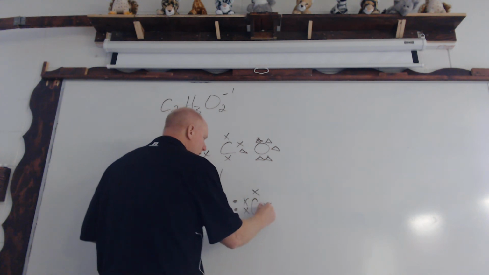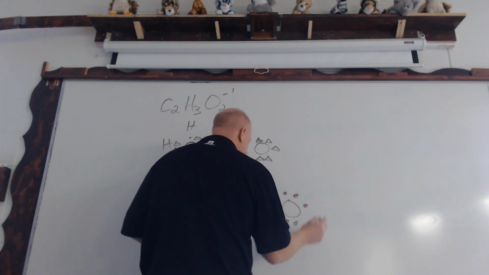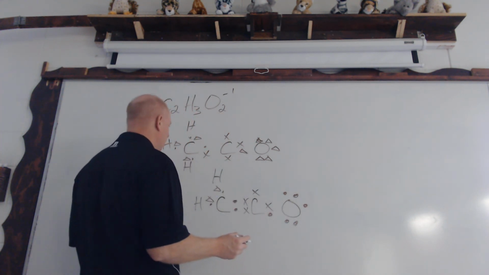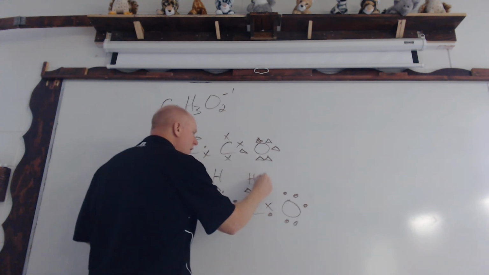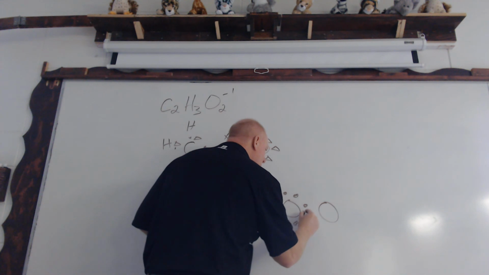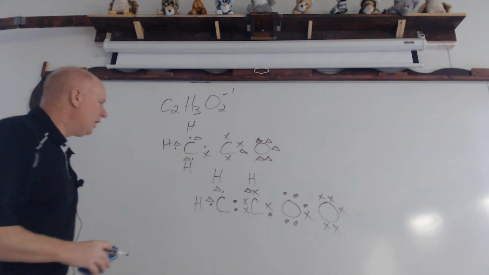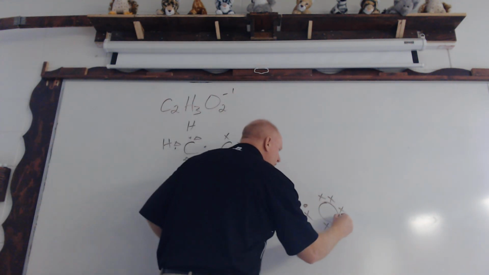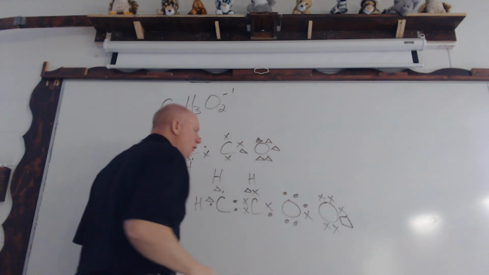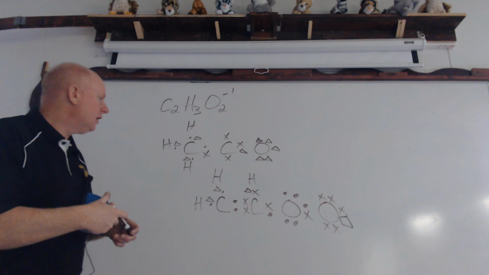And then okay, and then we got 3 hydrogens. We can put one here, and then 1, 2, 3, 4, 5, 6. Notice that we're 1 short on this oxygen, but we got that one to contend with, so just make that a box. Therefore, we've got an octet of 8 around everything except for that of the hydrogens.